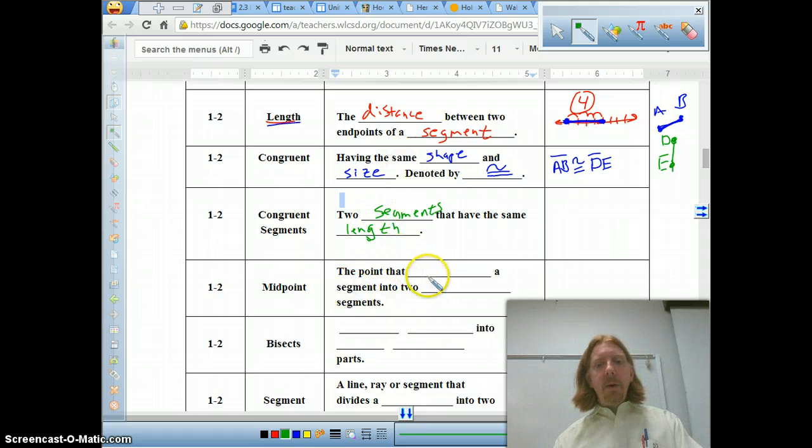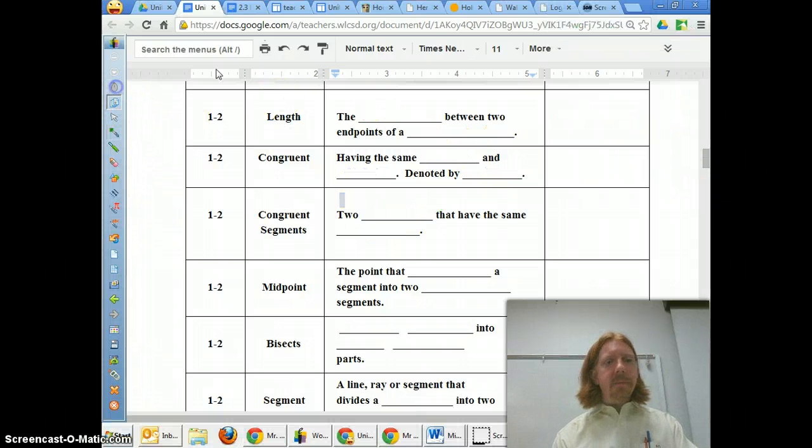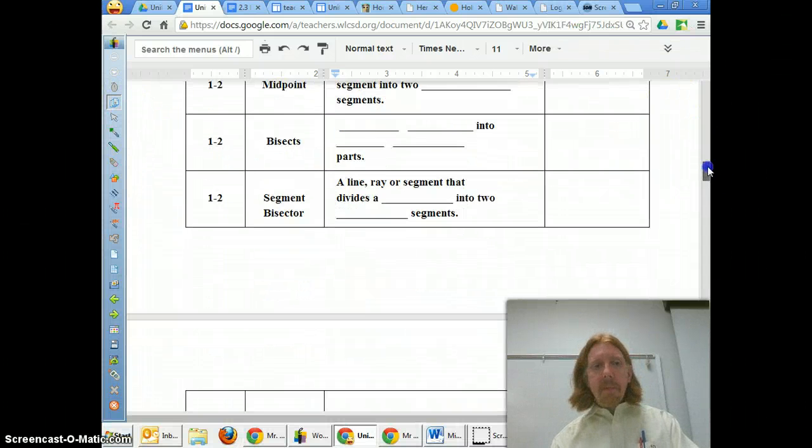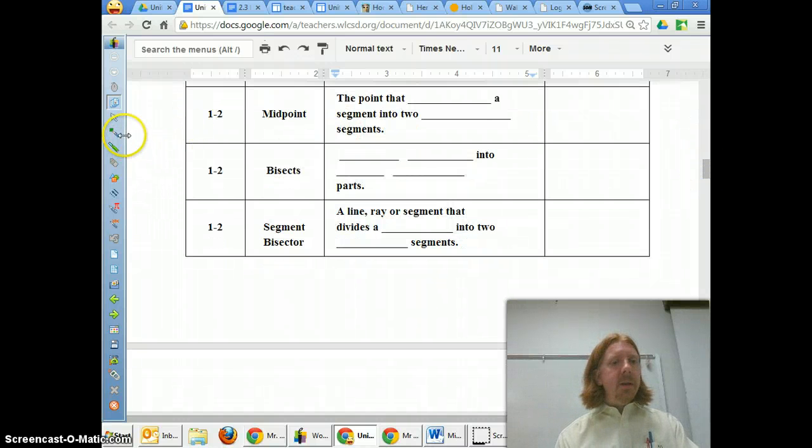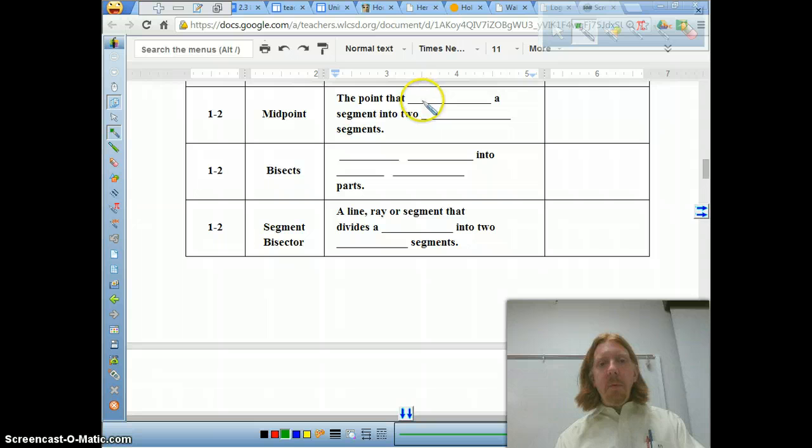Midpoint. A point, actually let me slide this down. There you go, put that up there at the top so it's a little easier for y'all to see. Midpoint. A point that divides a segment into two equal segments. The key is to think about midpoint as being in the middle.